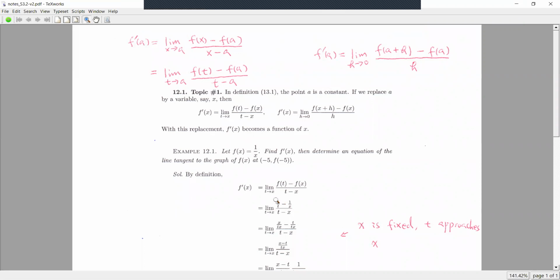Rewrite the first term 1 over t as x over t times x. The second term 1 over x as t over t times x. Then the two terms have the same denominator, and I can combine them to get this equation.